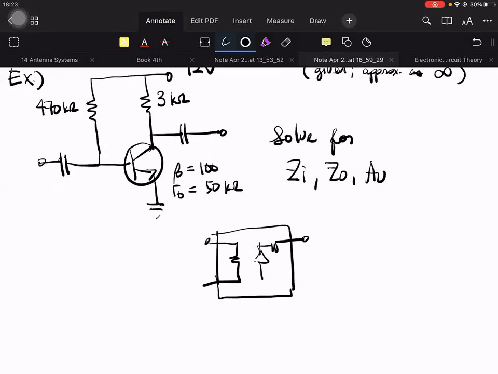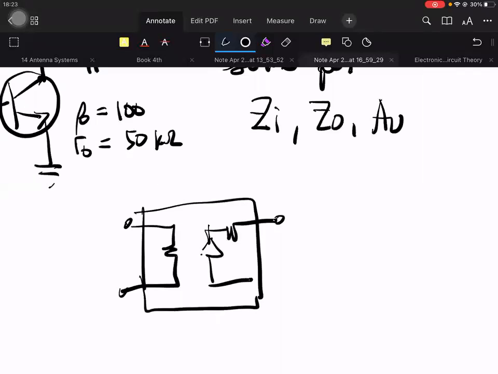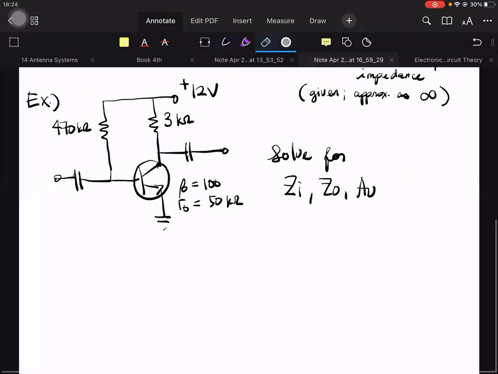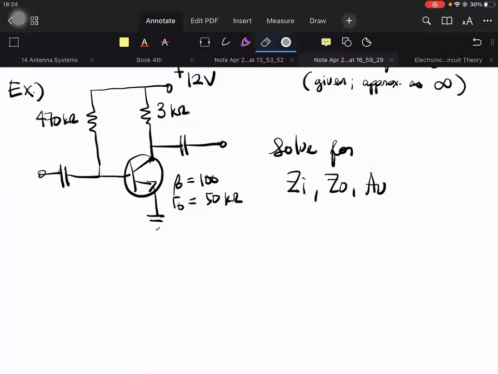After solving for ZI, ZO, and AV, we can replace these with the values. So fixed bias configuration.